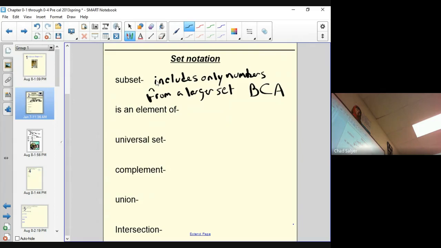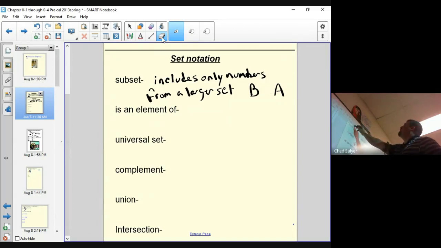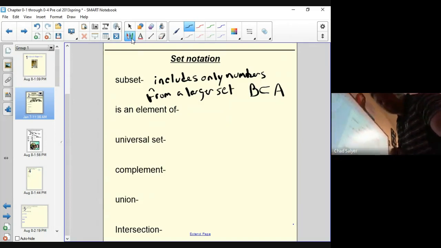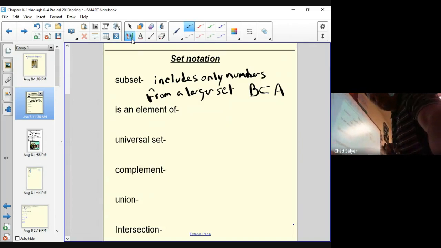That little sideways U looks almost like a C. Let me make that a little more distinct, because that looks too much like a C. Kind of like that. So that means B is a subset of A, and every element of B is included in A.